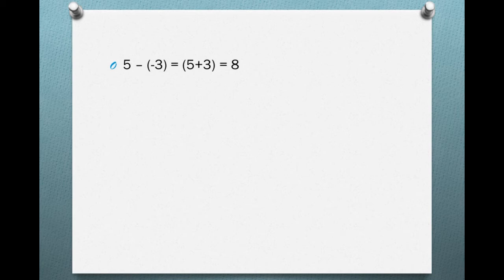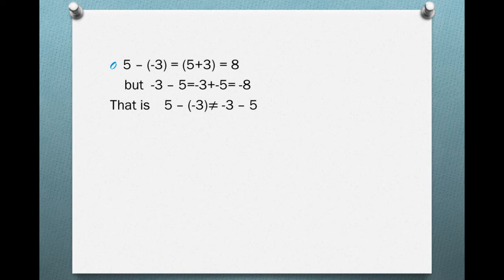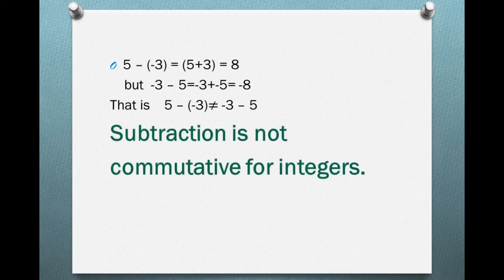If we change the order, it will become -3 minus 5, and it is -8. So it is clear that 5 minus -3 is not equal to -3 minus 5. We can check this by taking other examples also. So we can say that subtraction is not commutative for integers.